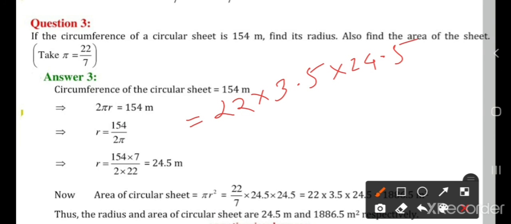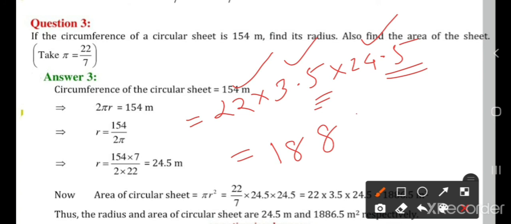When you multiply all this, you just multiply 22 into 35 into 245, write the answer, and put the decimal point, since 2 decimal places are there. So you will get the answer as 1886.5 meter square. This is simple multiplication only, children.